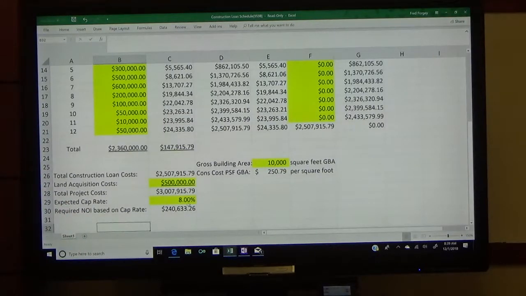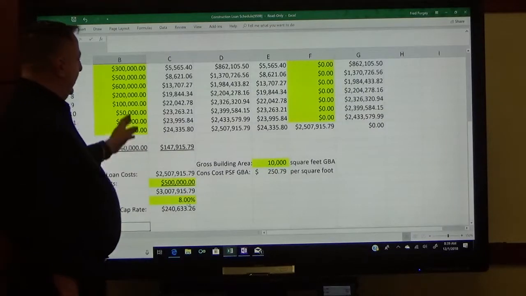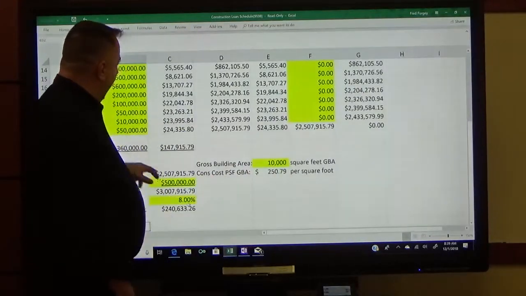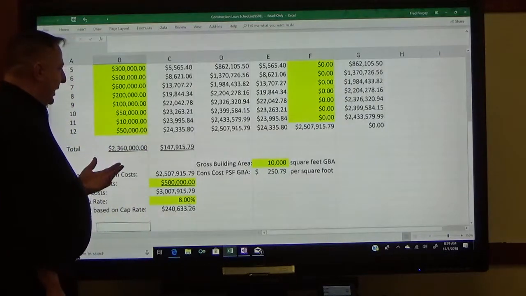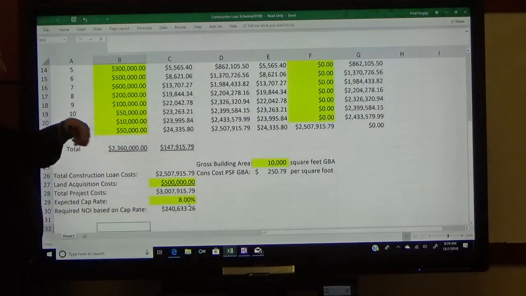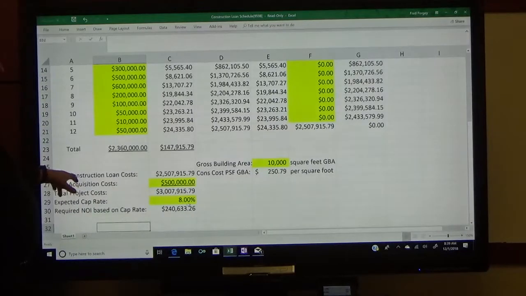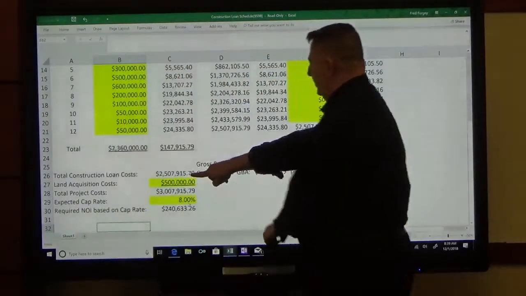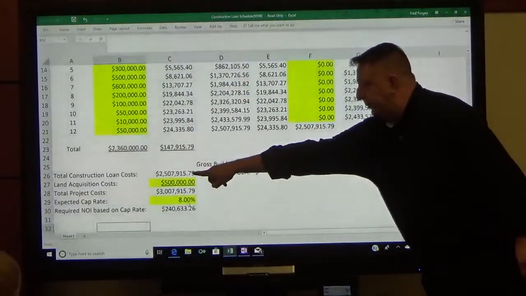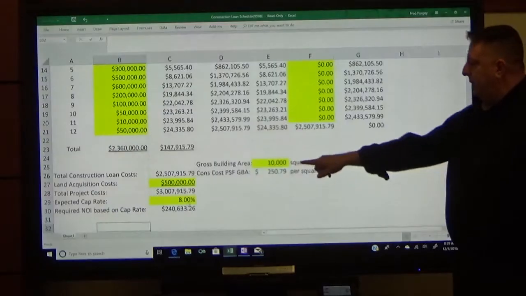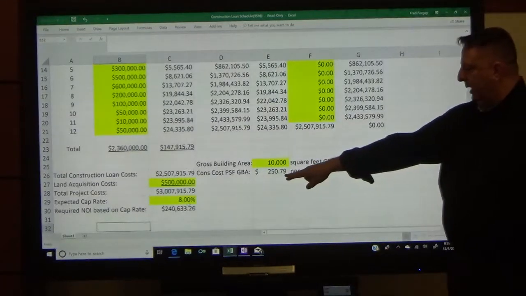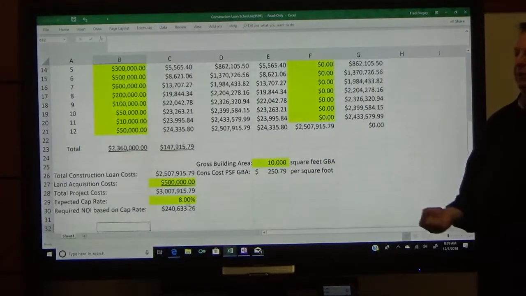In this circumstance, we've said this is a 10,000 square foot building. So all you're really saying is, what is my construction cost per square foot? You're taking the total construction cost of 2,507,915.79, dividing by 10,000 to give you that $250.79 of construction cost.